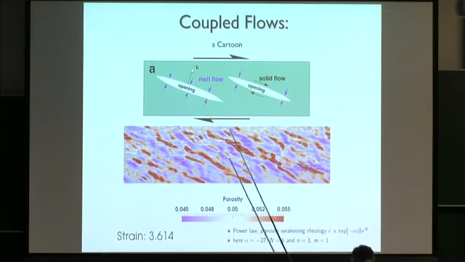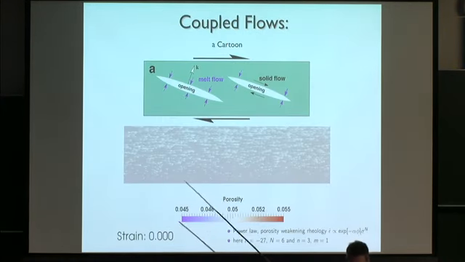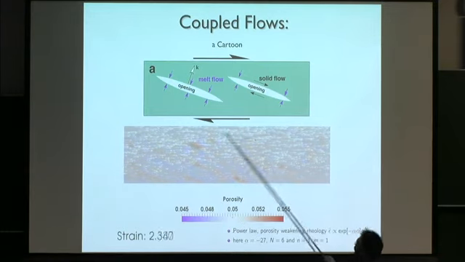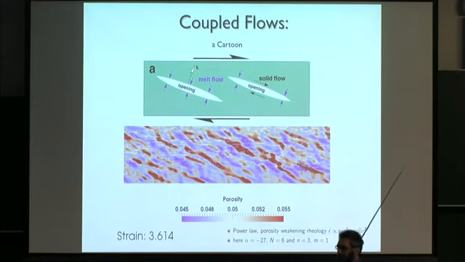The arrows are the solid velocity field, so it's in simple shear, moving fast at the top, and zero at the bottom. I'm just shearing it. The initial condition is uniformly distributed random noise in porosity, filtered at short wavelengths.